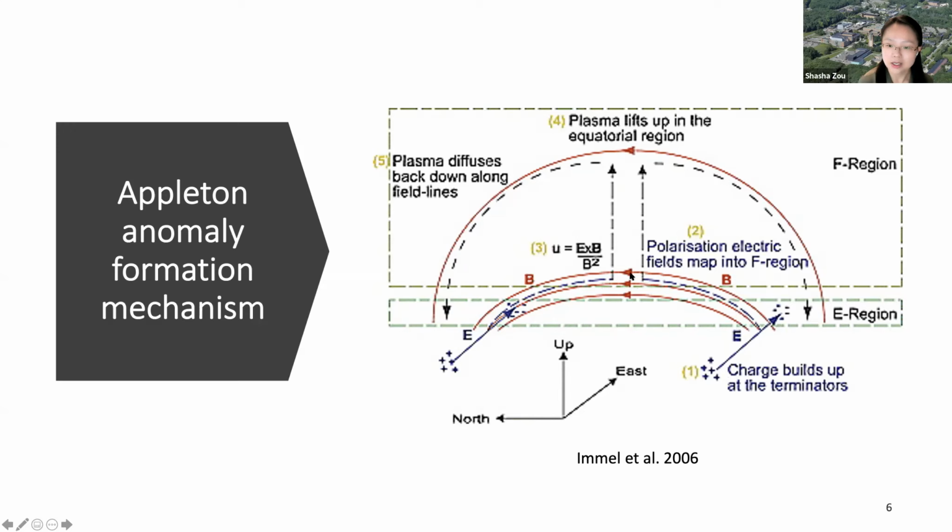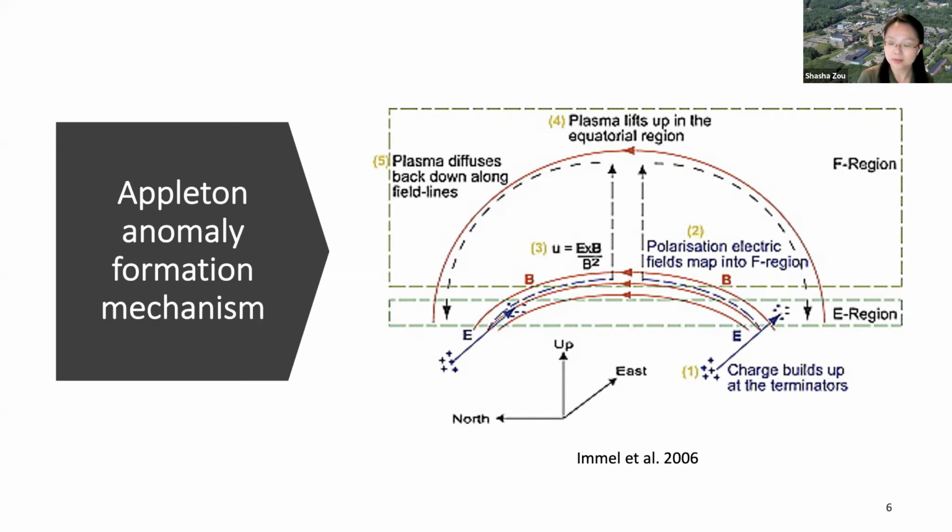Now we consider here, right at the equator, the plasmas in the equatorial region will move in what we call the E cross B drift direction. So if the electric field is pointing eastward, now raise your right hand here.